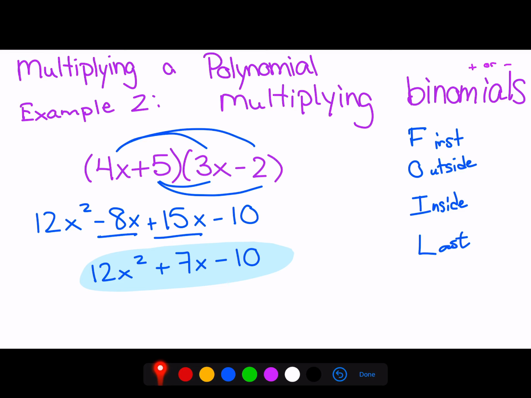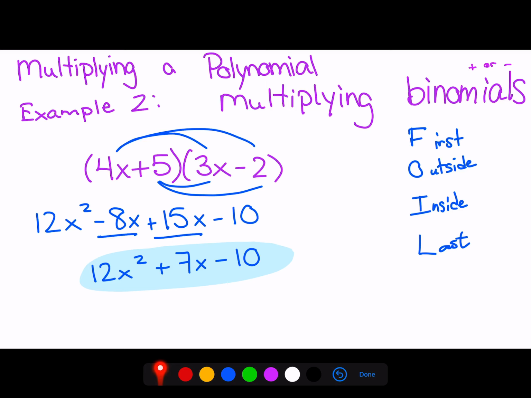These are bubbles, the parentheses. That's what I refer to as bubbles. And within this bubble, I have two different terms because it's separated by a plus or minus sign. So here's one term, 4x. Here's my second term, 5. So this is a binomial because it has two terms. And then I have a second binomial, 3x minus 2, because again, two terms. So I'm multiplying these two things with two terms.